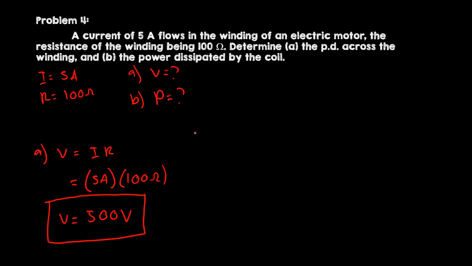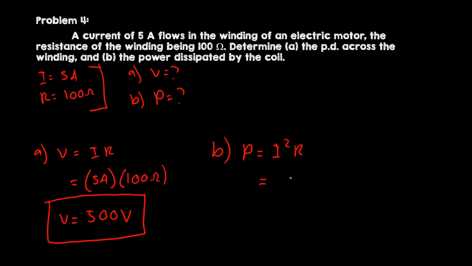And for letter B, let's use this. So P is equals to I squared R. We can also use the other formula, such as P is equals to V times I. But let's use this one since these are the givens we have.